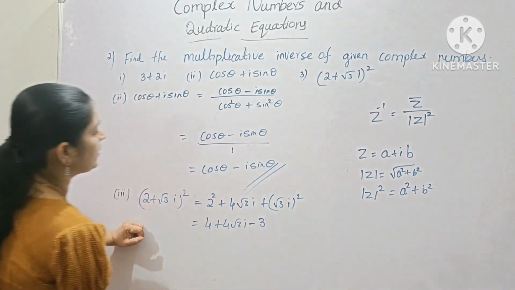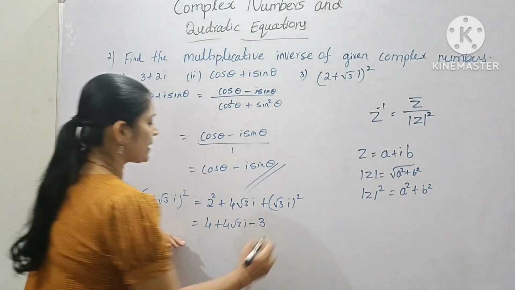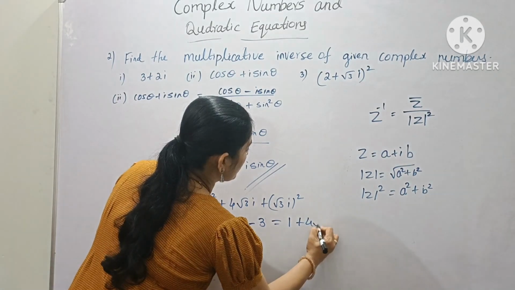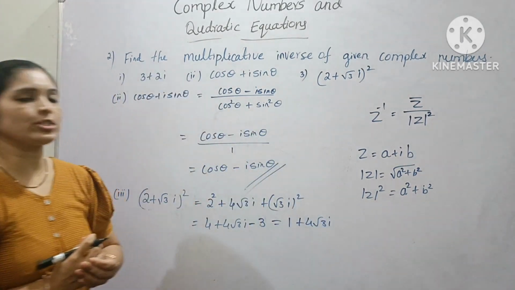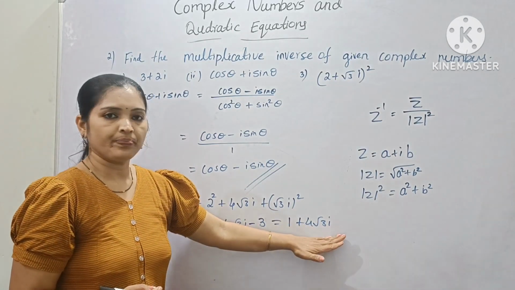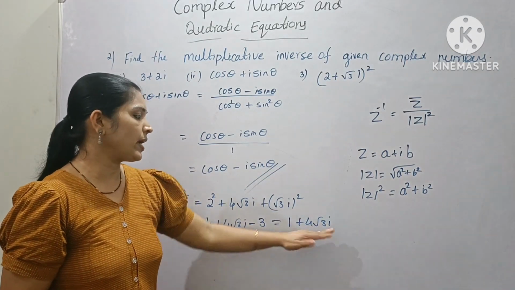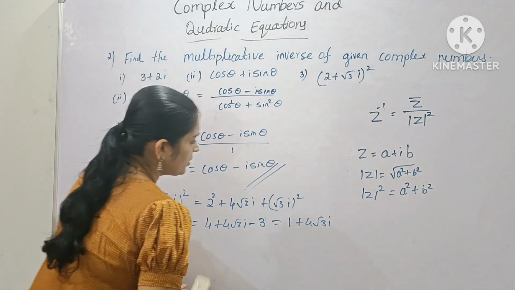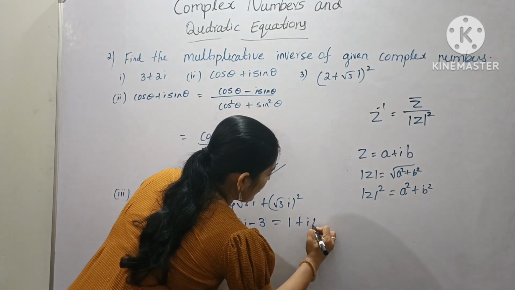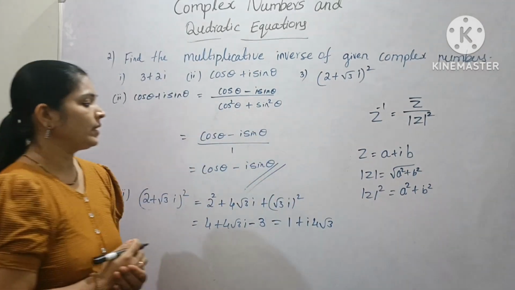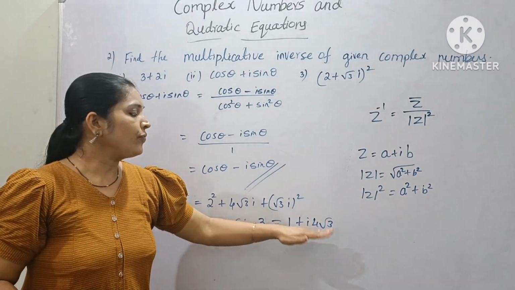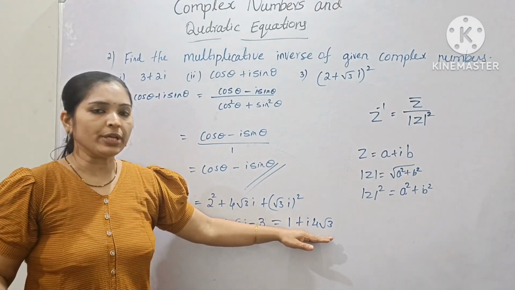Then 4 minus 3 is 1 plus 4 root 3i. Now it is of the form a plus ib. We can write i first or last. Now we can find the multiplicative inverse.